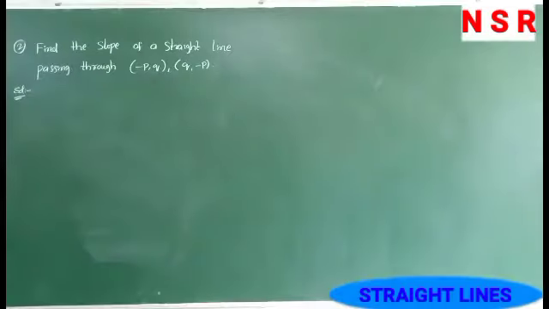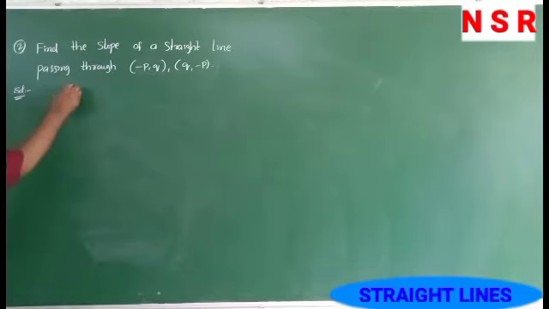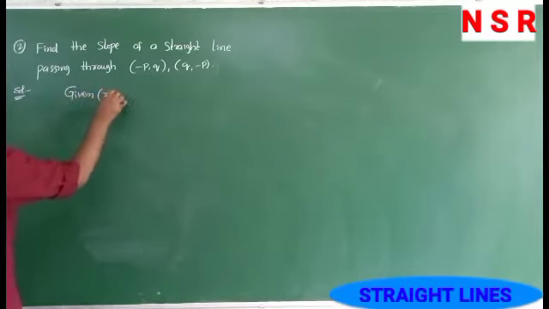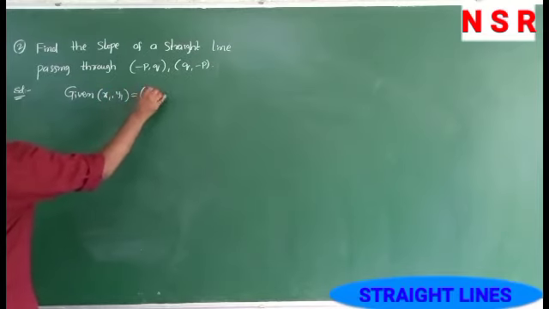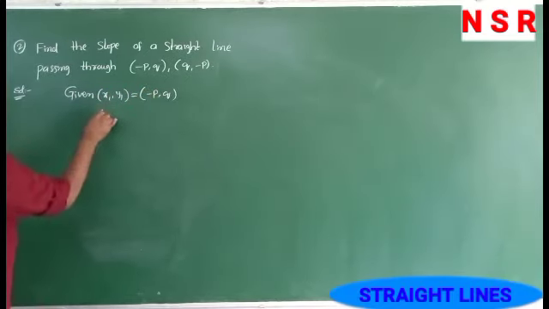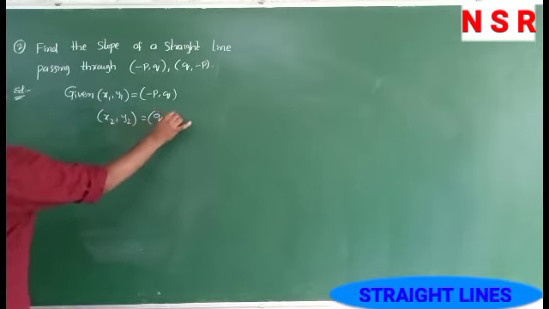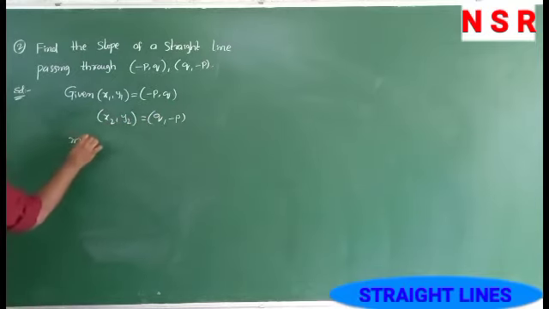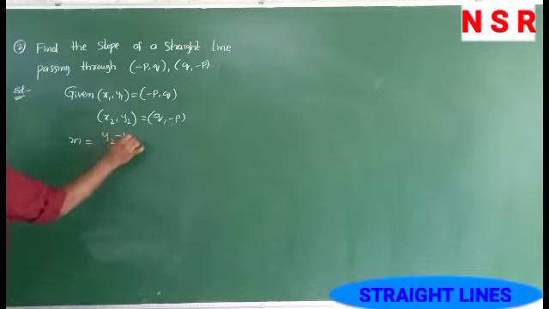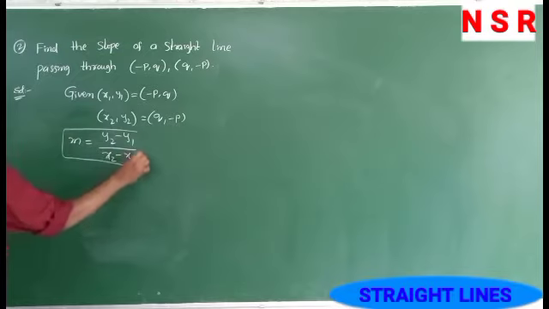Next, question number 2. Find the slope of a straight line passing through (-p, q) and (q, -p). So here 2 points are given: x1, y1 equal to -p, q and x2, y2 equal to q, -p. Now the slope of 2 points, m equal to (y2 minus y1) by (x2 minus x1).